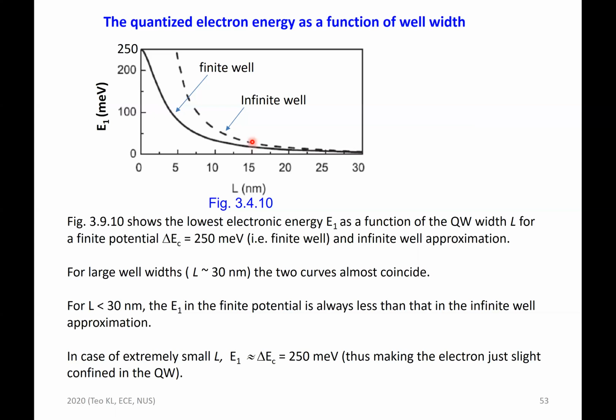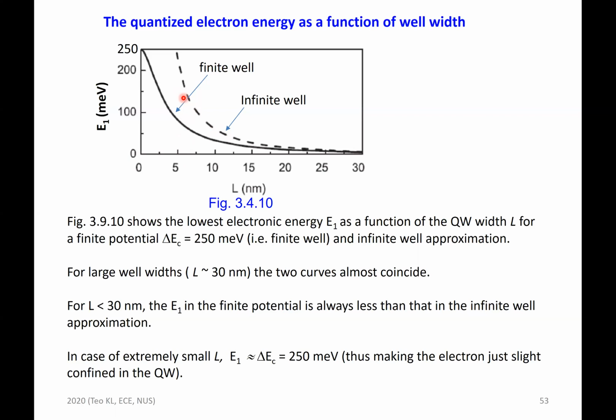So if you use an infinite well to calculate electron energy, you realize that it will always be larger than the finite well calculation. Now, they start to deviate apart as you go to smaller well width. It will become very prominent. The electron energy in the finite well is always less than the infinite well approximation.